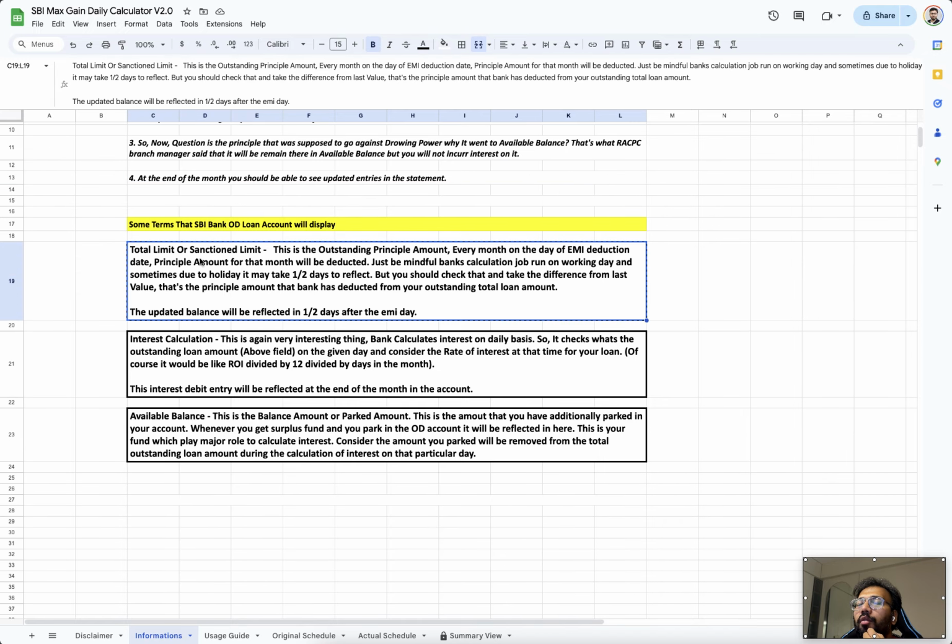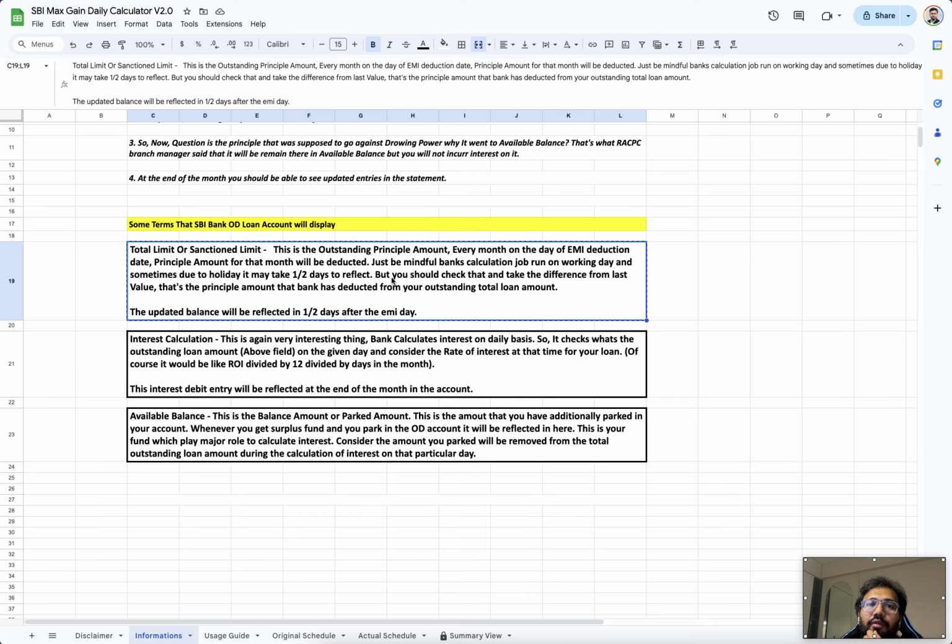So, some terms, right? The total limit or the sanction limit that we will see is basically nothing but the outstanding principal amount every month on the day of EMI, right? This principal amount is getting deducted.